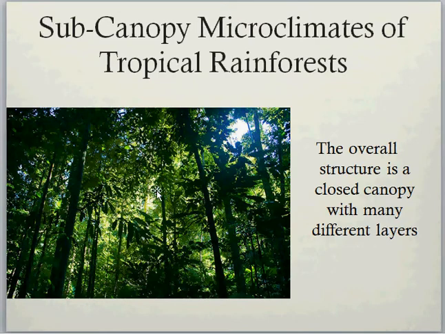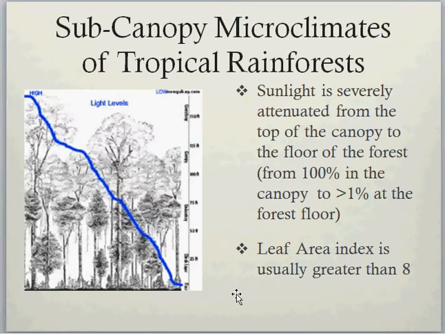So there's very little light getting through, and in fact when you look at the light, sunlight is severely attenuated from the top of the canopy to the forest floor. So at about 100% of light at the top of the canopy, down to less than 1% in the forest floor.